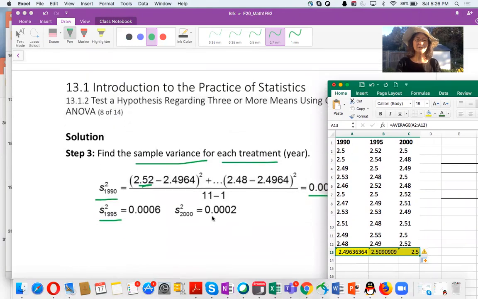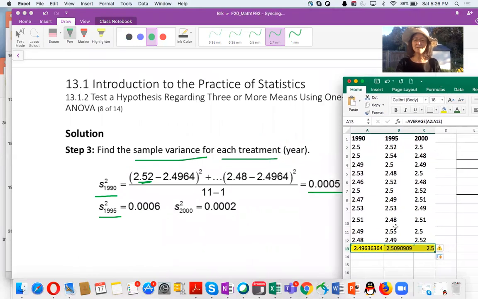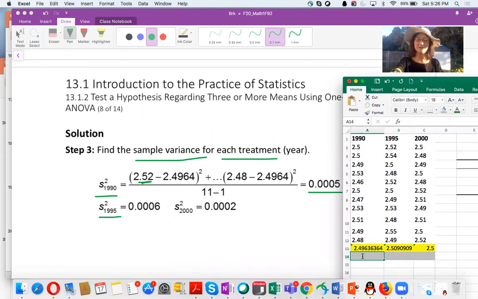Now, using Excel, you can also easily calculate variance. I'm going to put the variance here and use a different color to distinguish. So for variance, you use VAR.S, which means sample variance. Select those data.